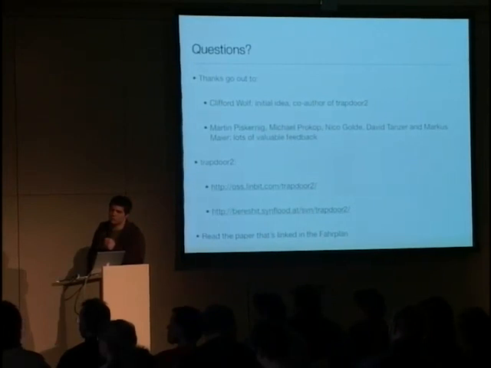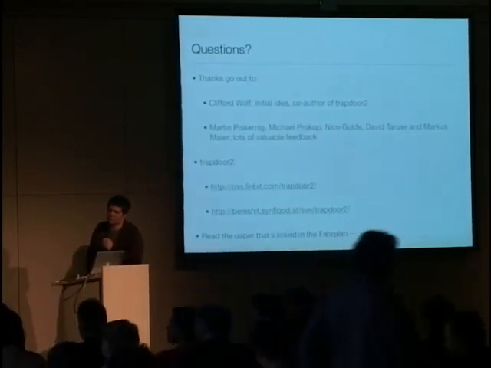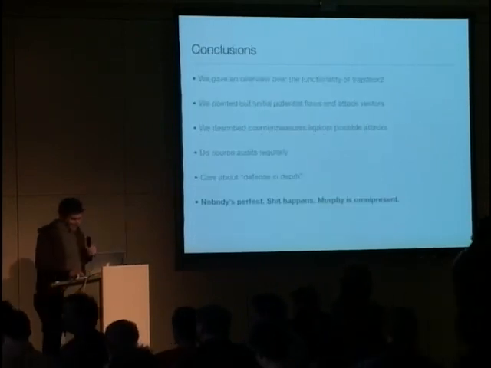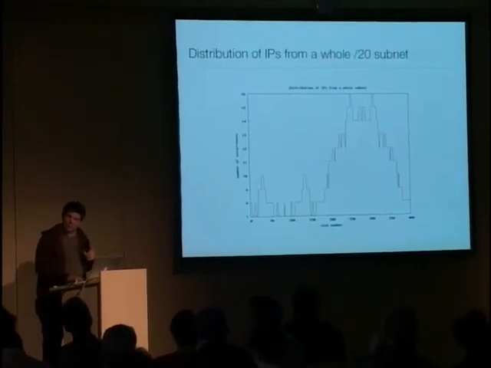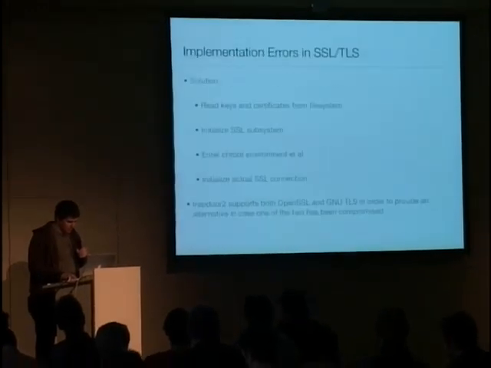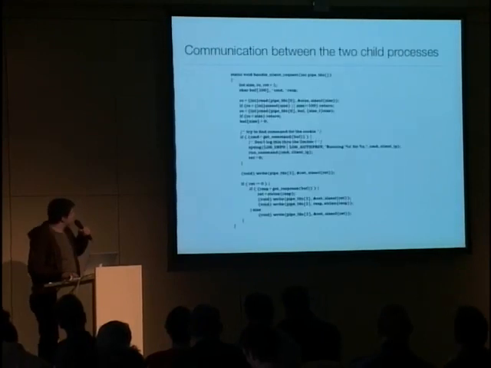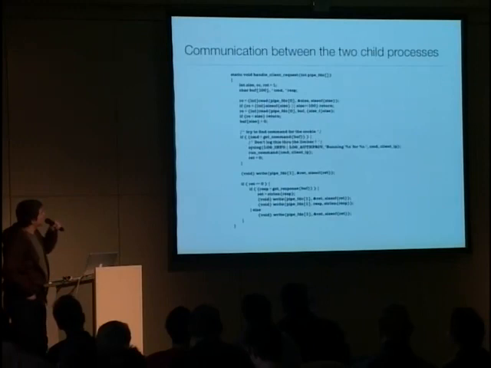Can you show your slide again with your source code where you read from the pipe? Because I think there's a little bug in there. You have a signed integer for the size. You read a signed integer of 4 bytes, and then you check if the size is greater than 100.